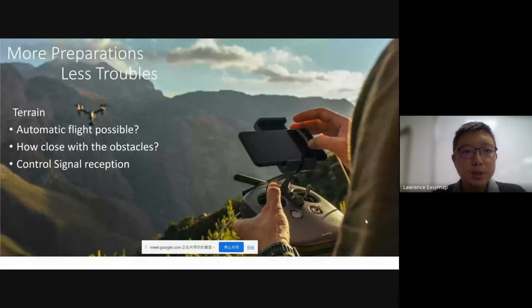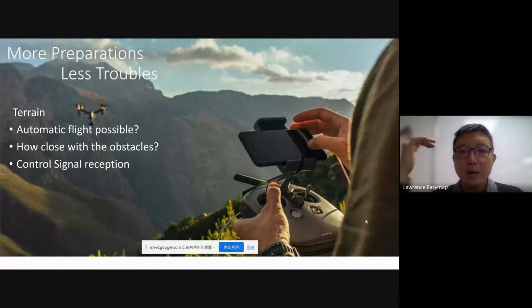Some other preparations, like the terrain. Do you still remember in the previous slide I mentioned that nowadays the drone or the UAV can fly automatically, in a regular pattern. But you need to know if the flight is safe, how high it is, and what a suitable altitude is. You need to study the terrain by studying Google Maps and terrain maps.